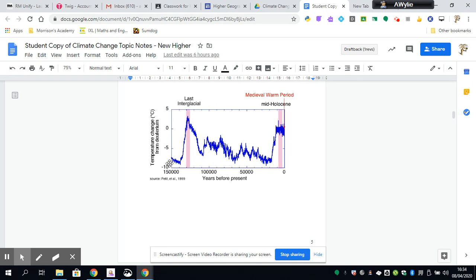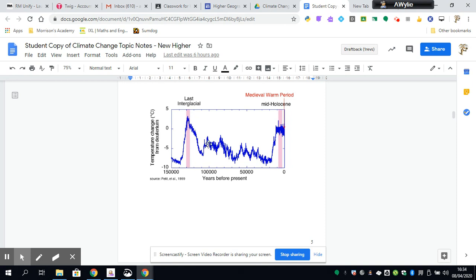150,000 years, which is what this graph is showing. And we can see that around about 12,000 years ago, the temperature change, we had at the end of the last ice age, it was much warmer, and that's what ended the last ice age. So here is the last ice age. Then we have this sudden warming, and that brings the end to the last ice age, or what we call an interglacial, because some people argue that we're still in the ice age, which is true, strictly speaking, as we have ice on the planet.